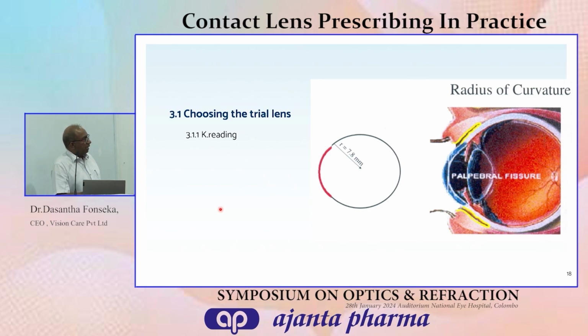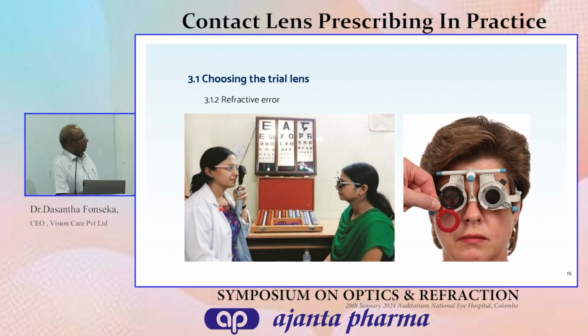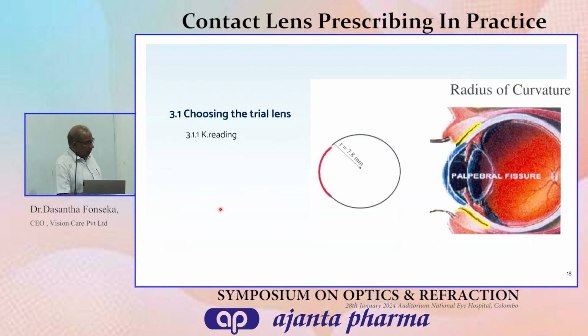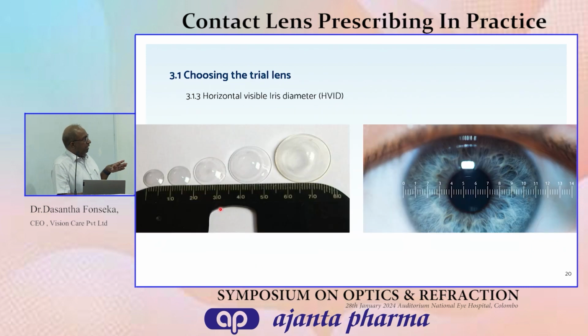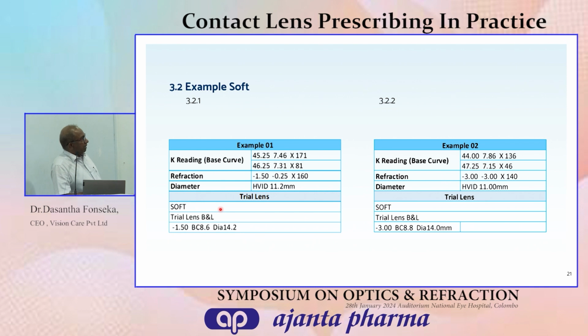So, choosing the trial lens. When we decide on the base curve, we then decide on the refraction, and then we look at the horizontal visible iris diameter, depending on the corneal parameters. As an example, here is one.